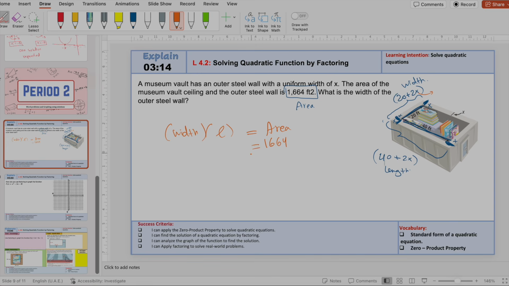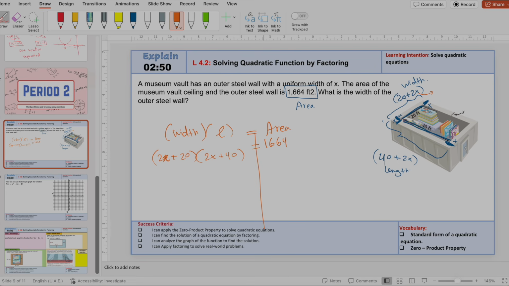So this area must equal 20 plus 2x times 40 plus 2x. I prefer to have the x first: 2x plus 20 times 2x plus 40.